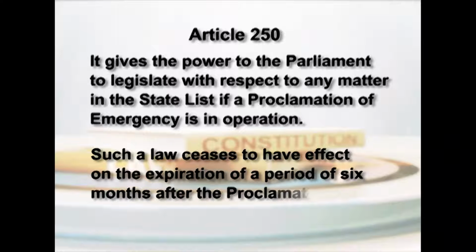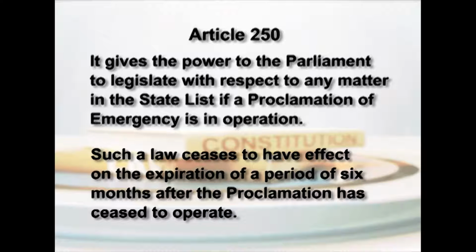This law ceases to have effect on the expiration of the period of 6 months after the proclamation has ceased to operate. Now, so far as Articles 249 and 250 are concerned, once the laws are made in any of the items of the state list, even if there are state laws, the state laws shall not be in operation during the period when Parliament has enacted law.